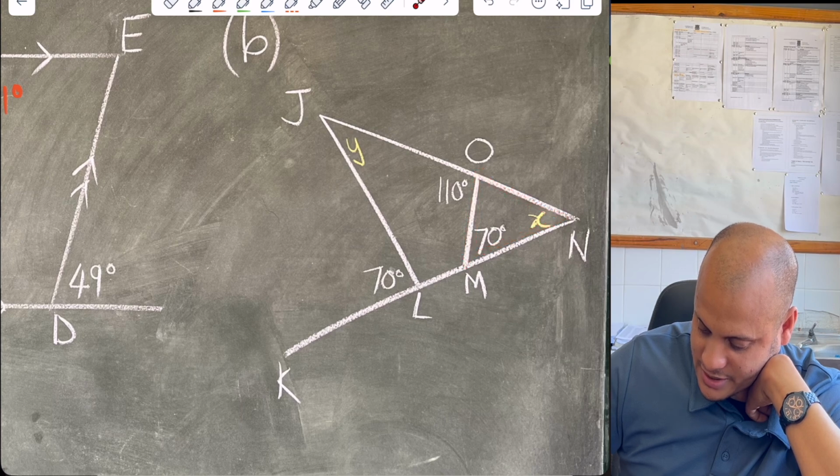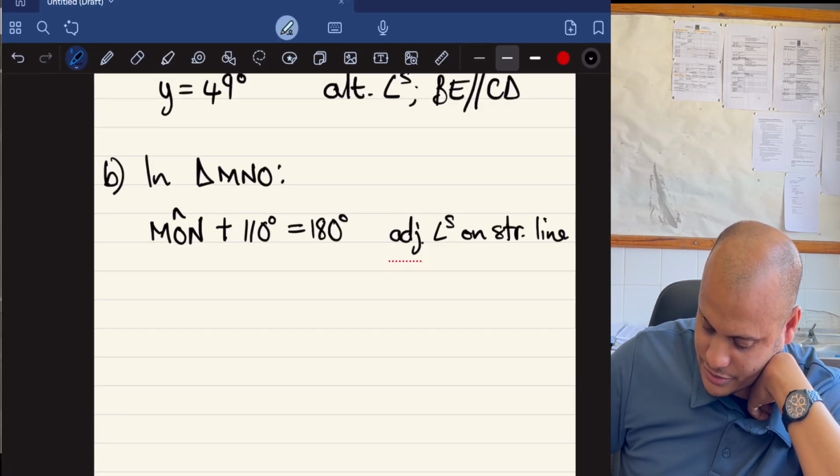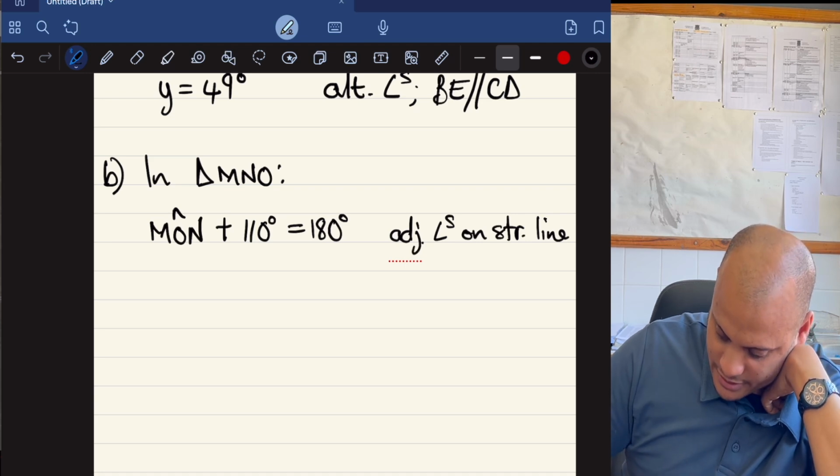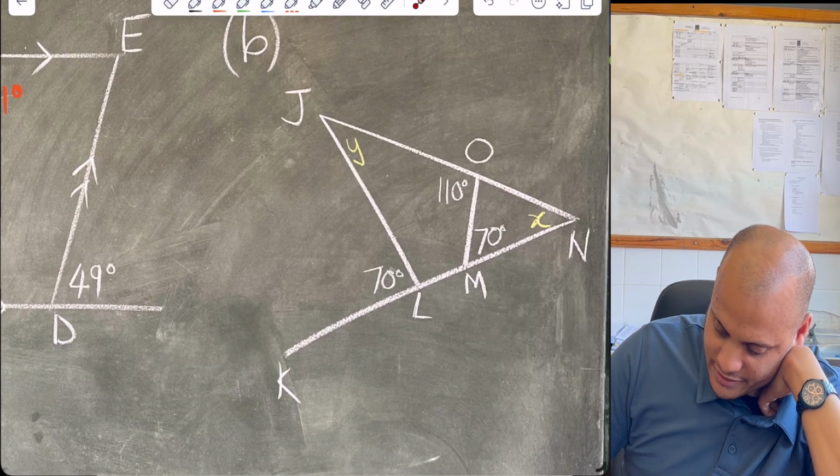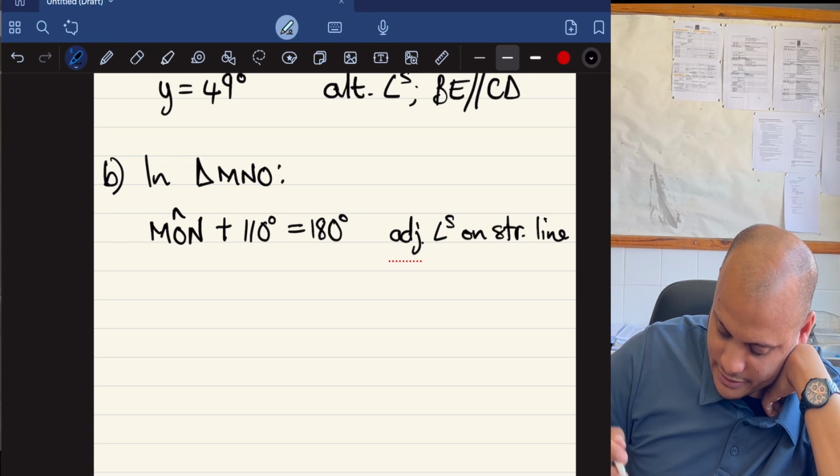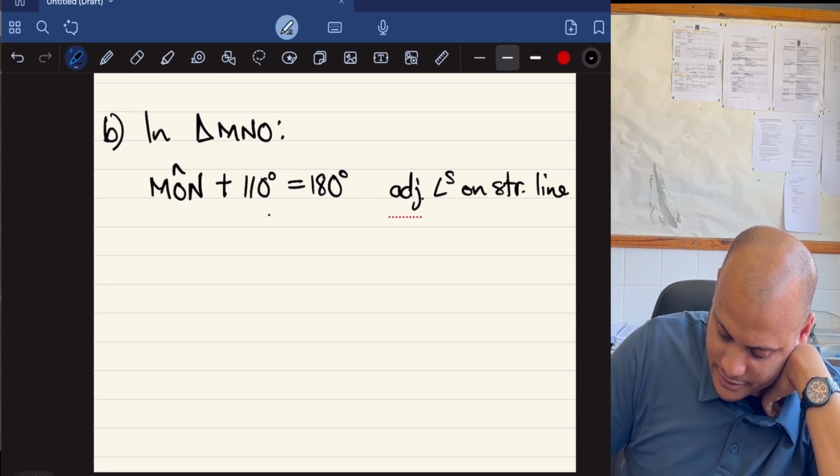By saying inside triangle MON, I can pinpoint this angle here and locate it properly. I'm saying that this angle plus the one next to it is equal to 180 degrees, and the point here is to find the value of that angle. So I have here that 180 degrees minus the 110 degrees will give me the value of MON.